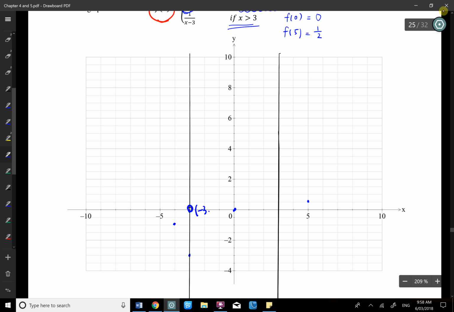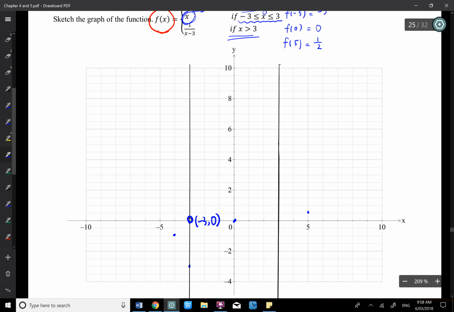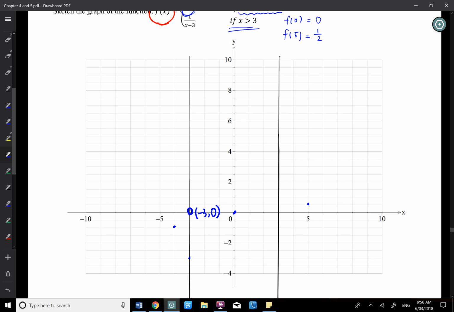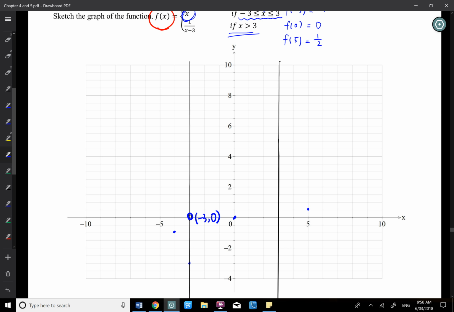So negative 3, comma 0. Also, you know the graph can't go that way, can only go this way because you want the left hand side of the graph. Also remember we have found negative 4, negative 1. We have found that point already, so we have labeled that on the graph.